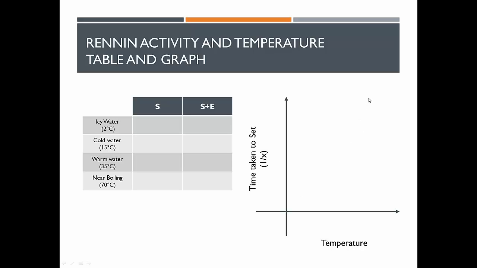That must mean that rennin's activity is increasing. The graph isn't useful in helping to show the activity of rennin, because rennin down here is actually the fastest, which is the highest activity. So we flip it. We put 1 over x, and mathematically it inverts the graph to really show the effect of rennin.